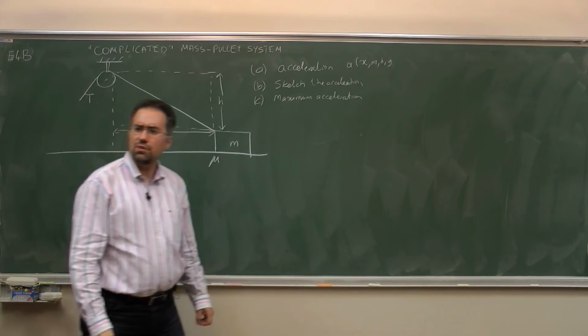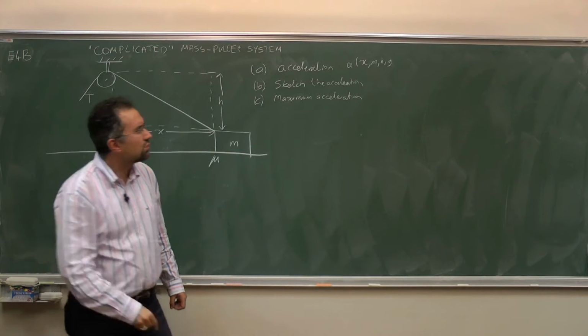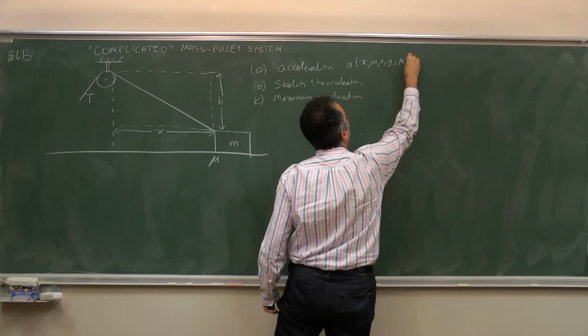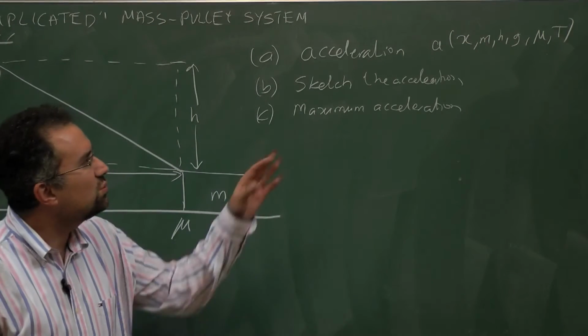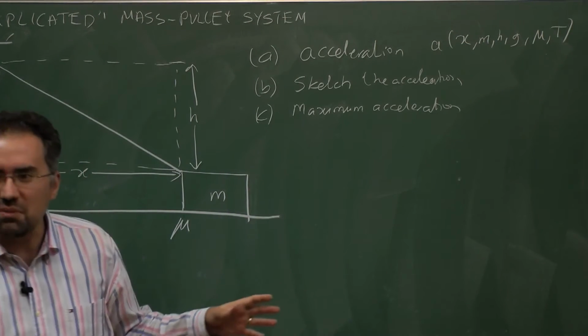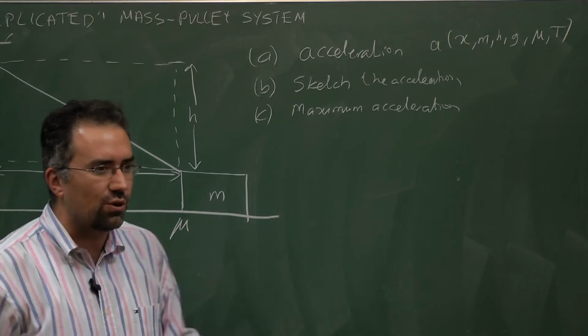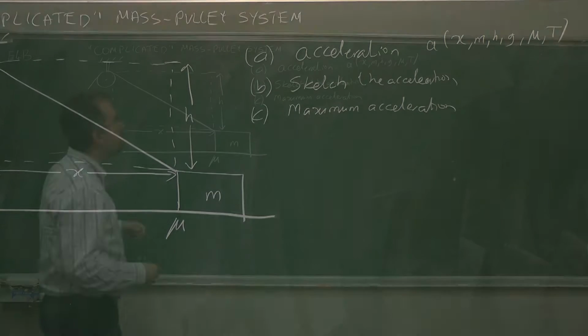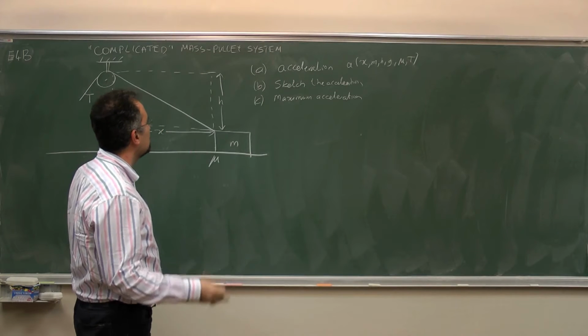Do we have friction? Yes, we do. And the constant T. That's 6 parameters total. In fact, 5 of them are constants. The x is the only variable we're trying to solve the acceleration in terms of.